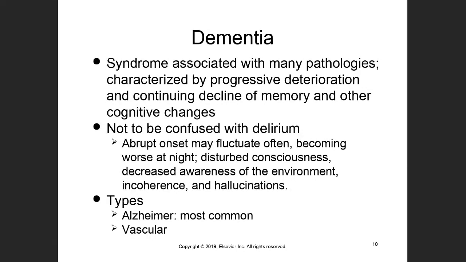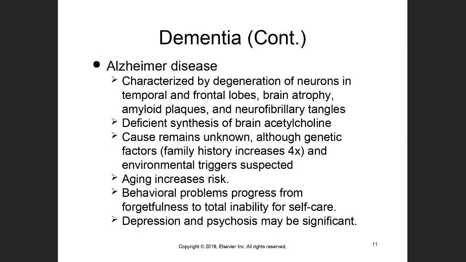Types of dementia: we have Alzheimer's, the most common, and vascular. We have more than those two types. Alzheimer's disease is characterized by degeneration of neurons in the temporal and frontal lobe, brain atrophy, amyloid plaques, and neurofibrillary tangles. Deficient synthesis of brain acetylcholine.